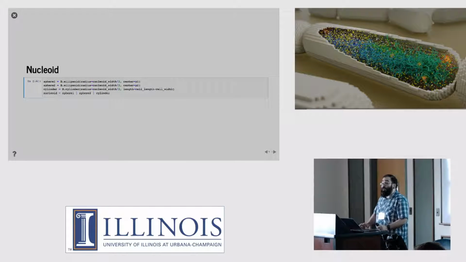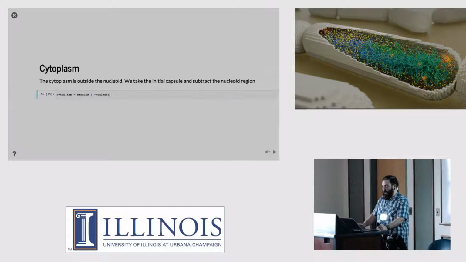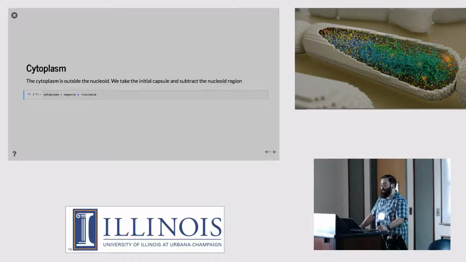Okay, we're going to repeat the same thing that we did for the nucleoid, but we're not going to do the membrane yet. The cytoplasm, we haven't defined the cytoplasm yet. We just defined 2 different capsules. So the cytoplasm is basically everywhere the nucleoid isn't right now.